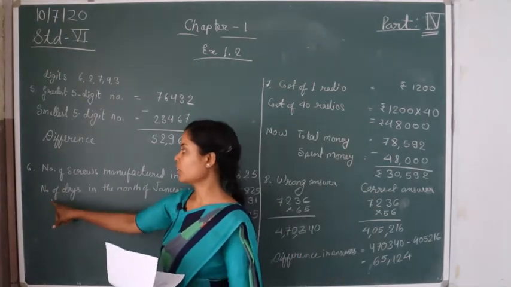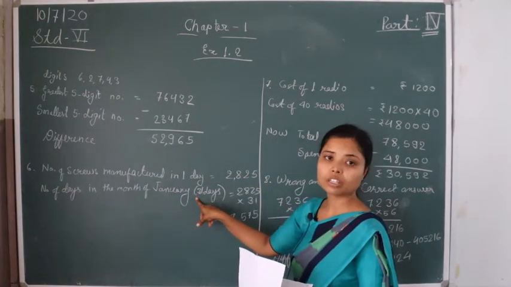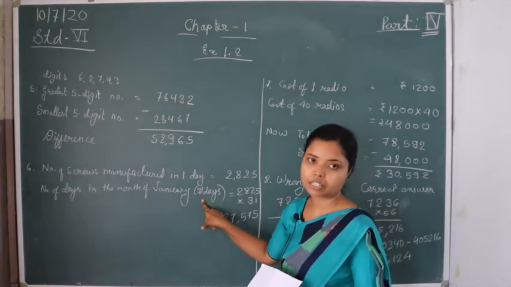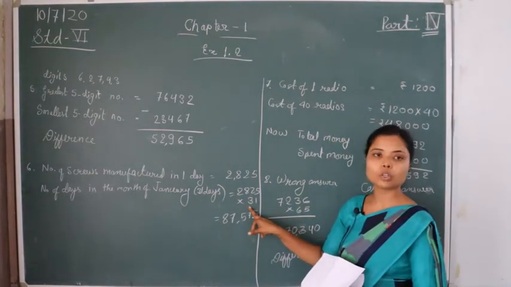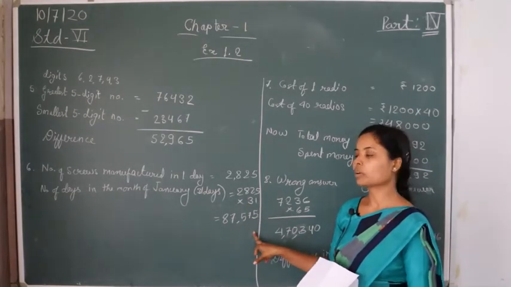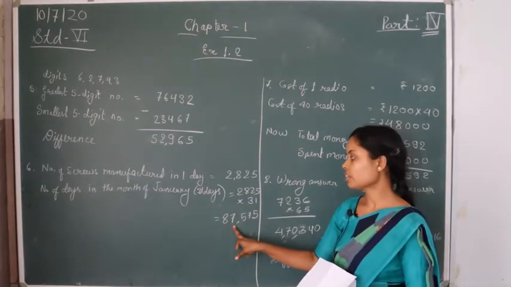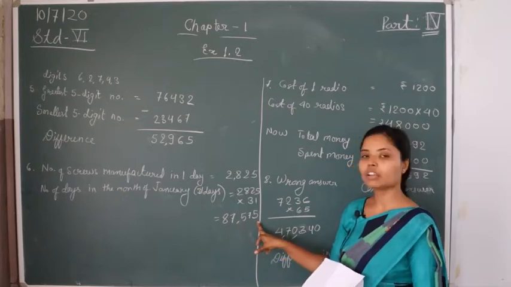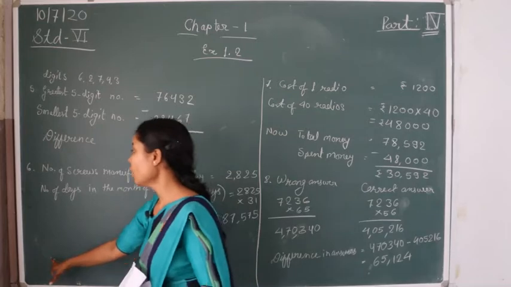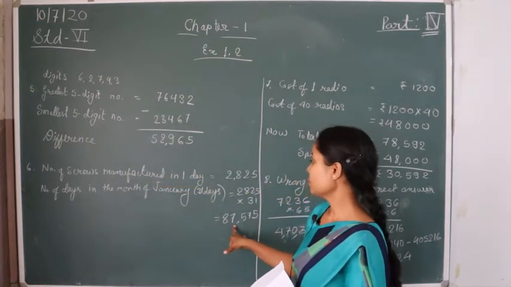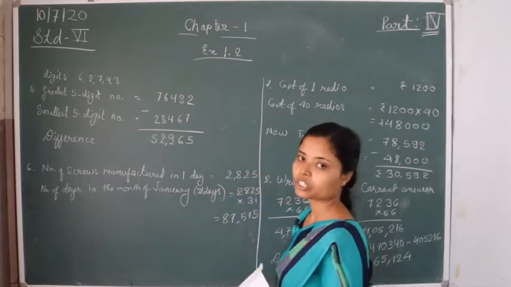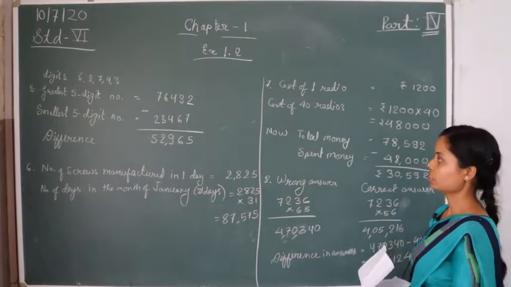We know very well the number of days in January: 31 days. So we will multiply this value by 31 days, and when you multiply you get 87,575. So we can say that 87,575 screws were manufactured in the month of January.